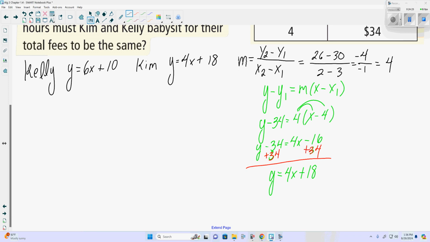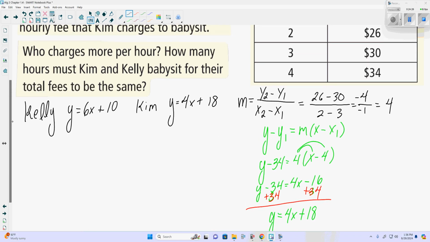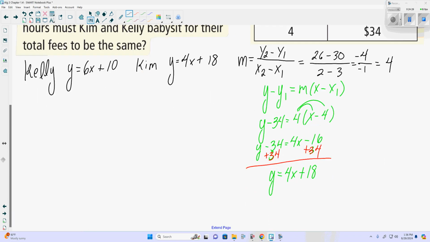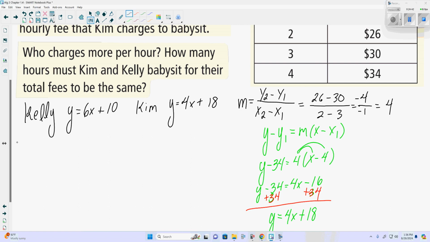So, here are 2 questions. Who charges more per hour? Kelly, because she charges 6 an hour. So first part of our answer: who charges more per hour? Kelly.